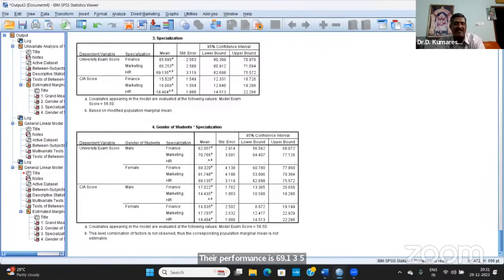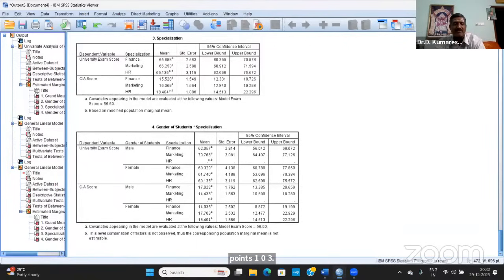Similarly, in the case of CAA score, finance students 17.02, marketing students 14.435. So finance students have performed better than the marketing students in CAA. When we come to female students, finance 14.035, marketing 17.703, HR 18.404.